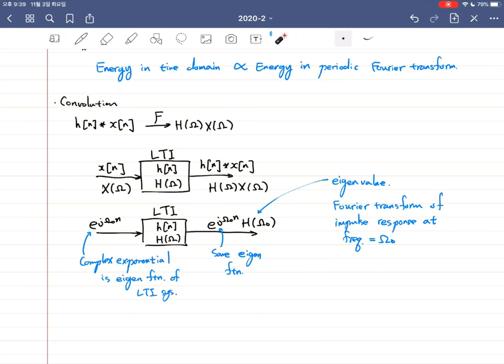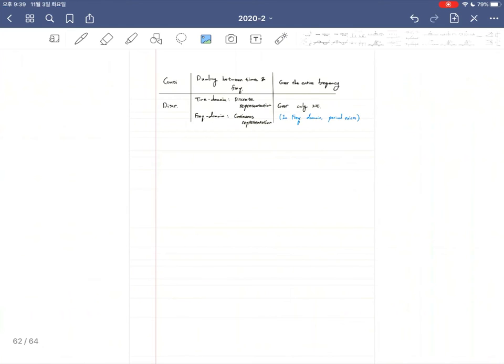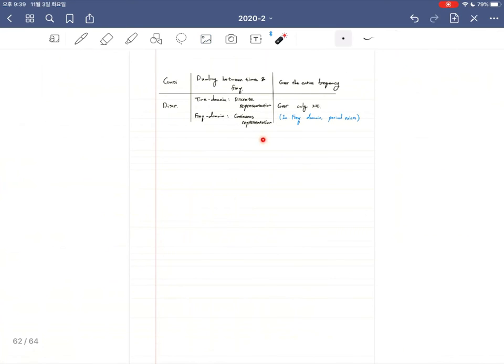Okay, I think I will stop here for today and continue this chapter in the next video. I'm sorry about importing the pictures. It took a lot of time during our lecture. I'm very sorry for that. And please remember the difference between the continuous time and discrete time Fourier series and Fourier transform.